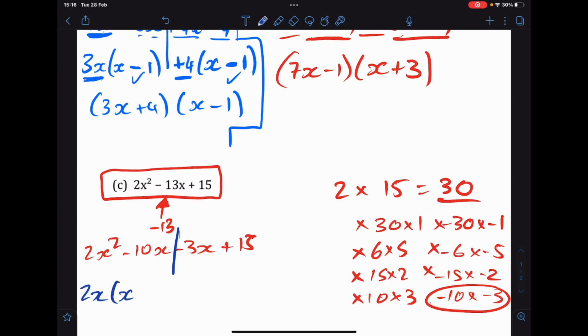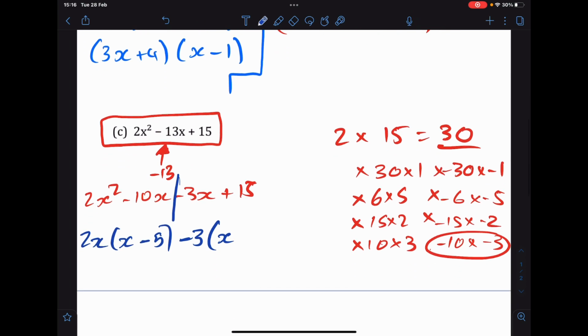That's x. What do I multiply 2x by to get minus 10x? That's minus 5. Here I can take out negative 3. What do I multiply negative 3 by to get negative 3x? That's x. What do I multiply minus 3 by to get positive 15? That's minus 5. So my final answer is going to be (2x minus 3)(x minus 5). Okay, so guys, I hope that helped. Keep practicing these questions. That's the only way you're going to understand this topic.